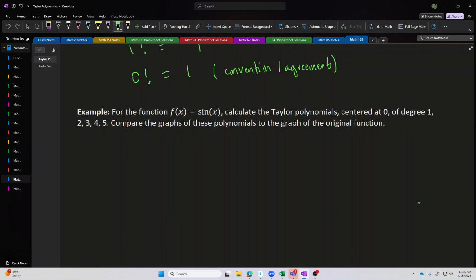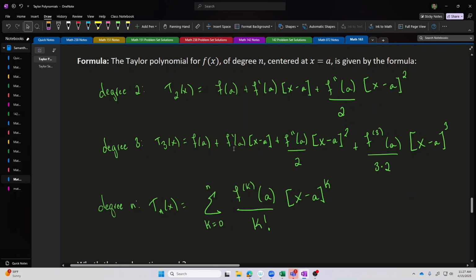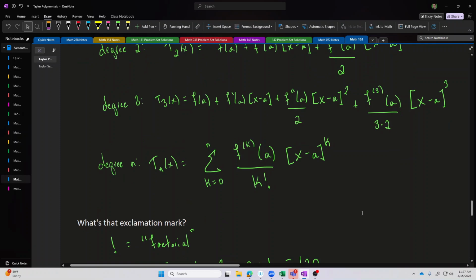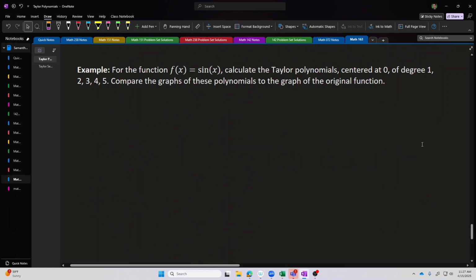So first off, to calculate these Taylor polynomials, the Taylor polynomial formula requires that we have the derivatives of the function that we are approximating. If, for example, we want a 5th degree Taylor polynomial, we would need to calculate up to the 5th derivative of our function. So let's line those up.